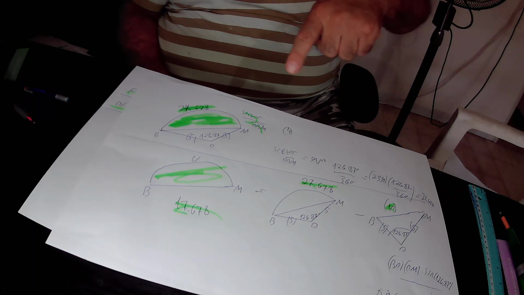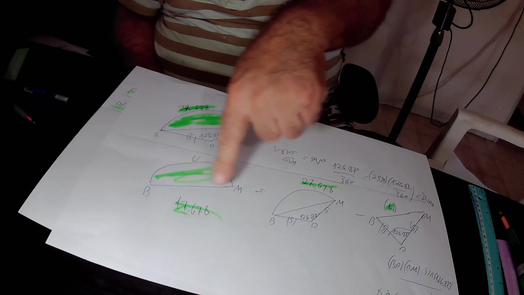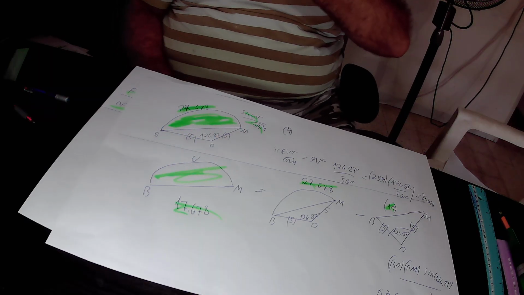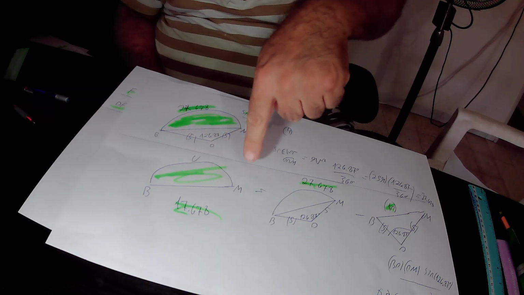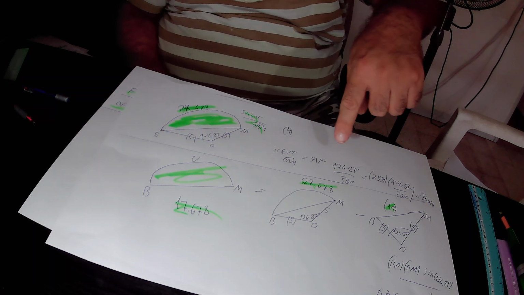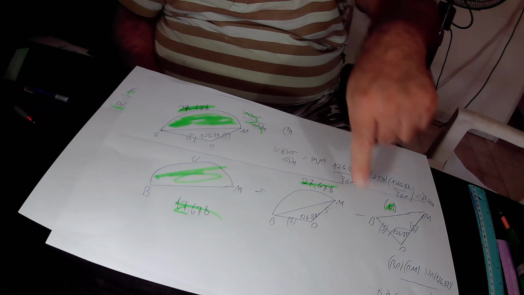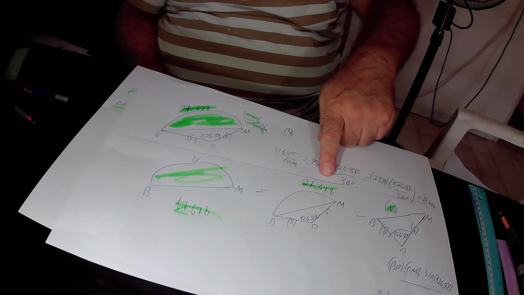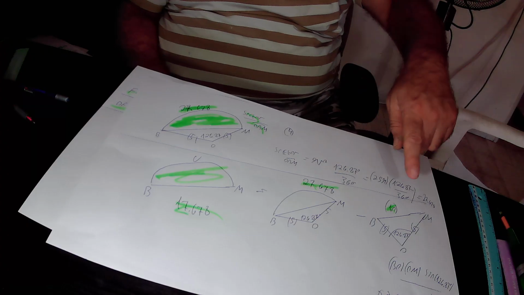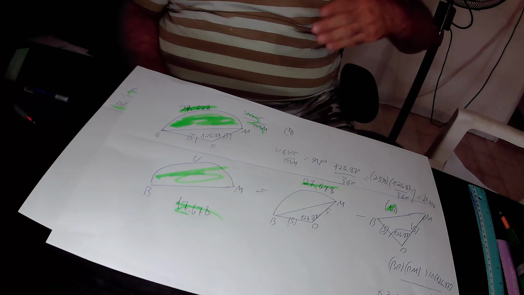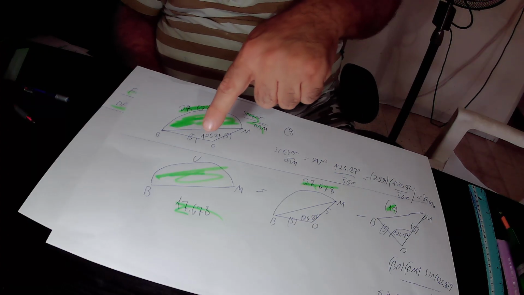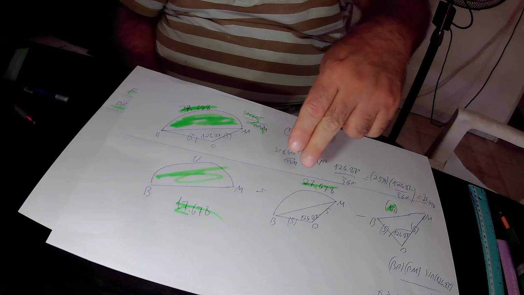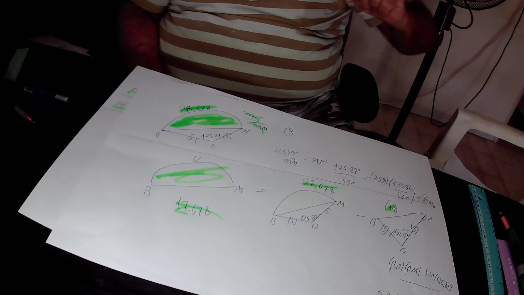Our task is to find out the area of the upper segment BUM. So what is the upper segment BUM? From the drawing, it is very easy to see that the area of the upper green segment BUM equals the area of sector OBM, which we already found out is 27.678 square units in size, minus the area of triangle OBM.